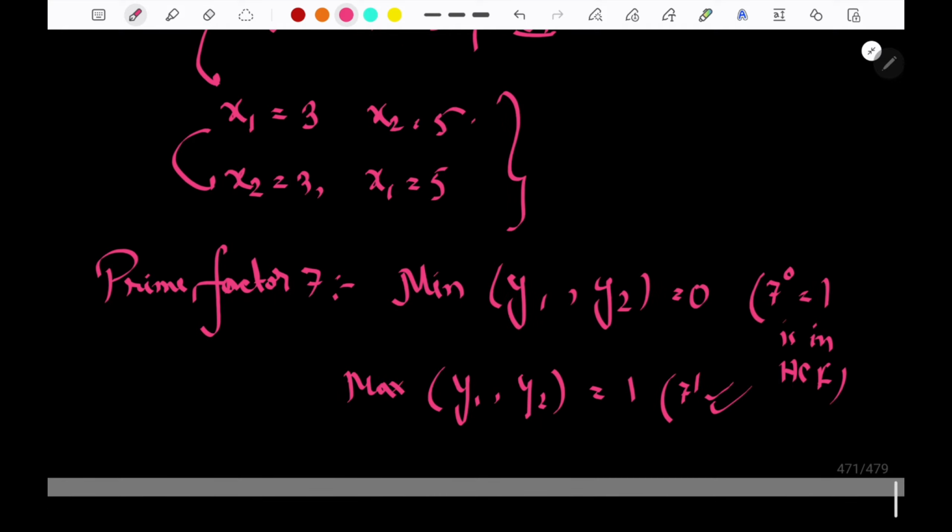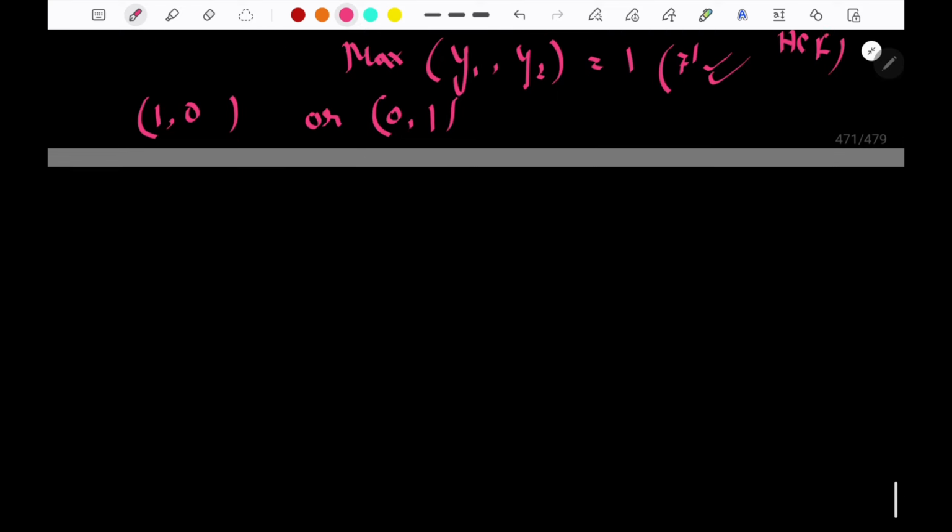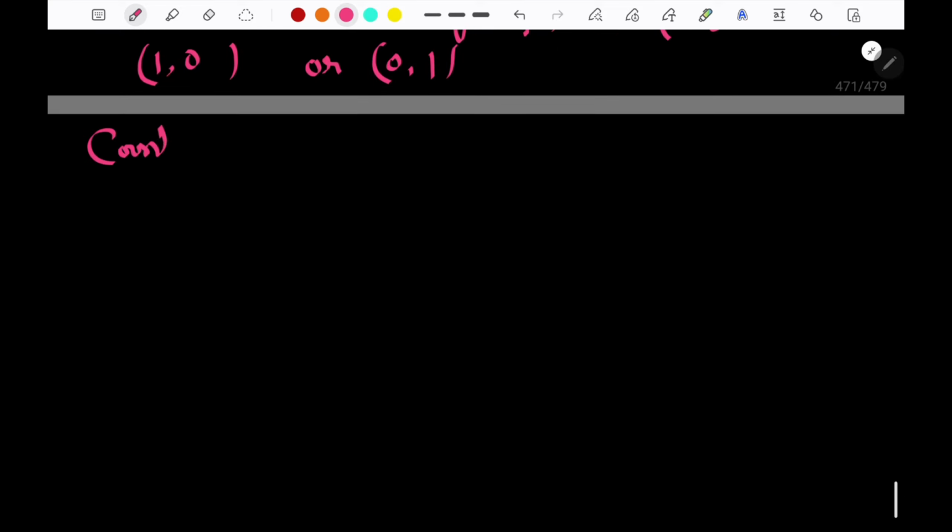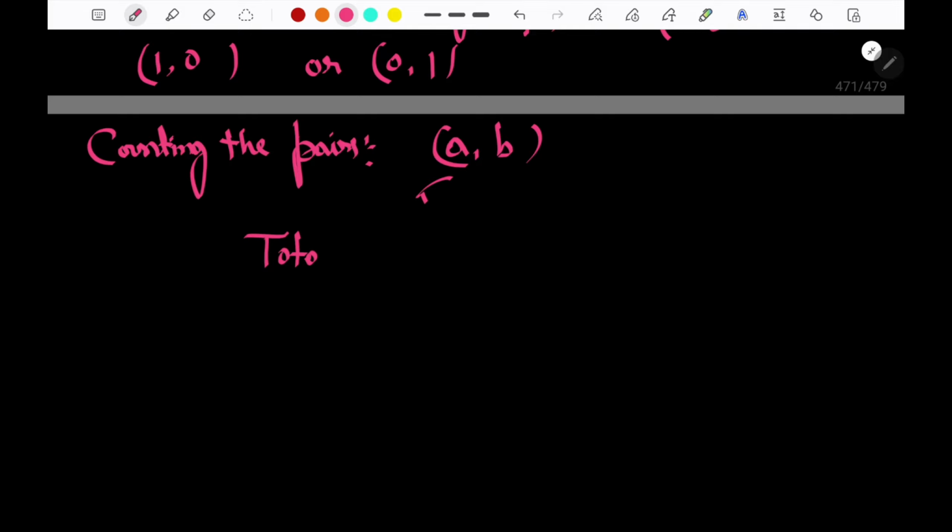So what are the possibilities of y1 y2? Either it is 1 comma 0 or 0 comma 1. Done. Now we need to count the pairs. So how do we count the pairs? We have total cases, which is the total number of pairs.